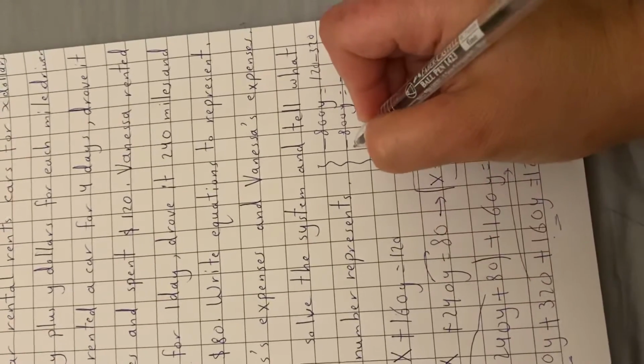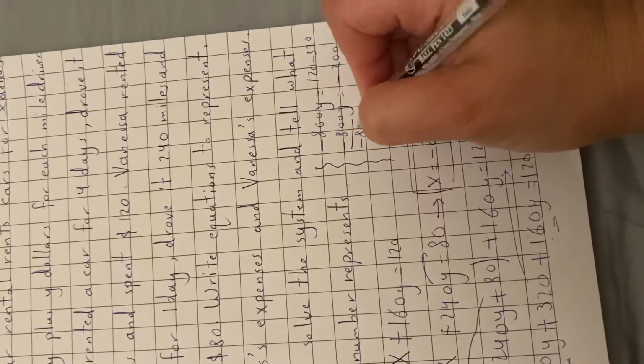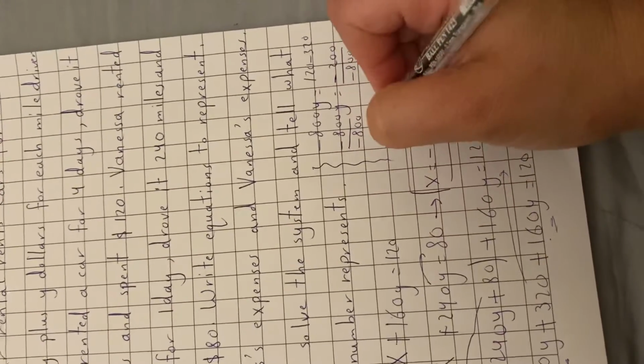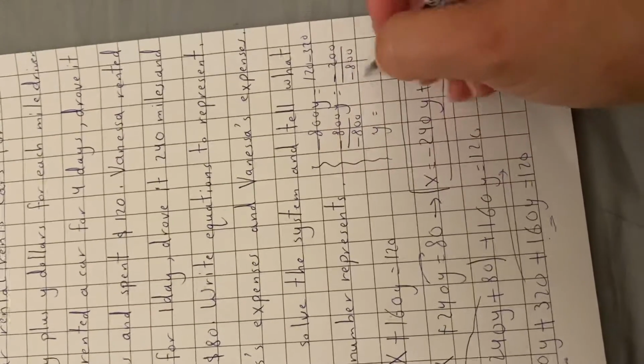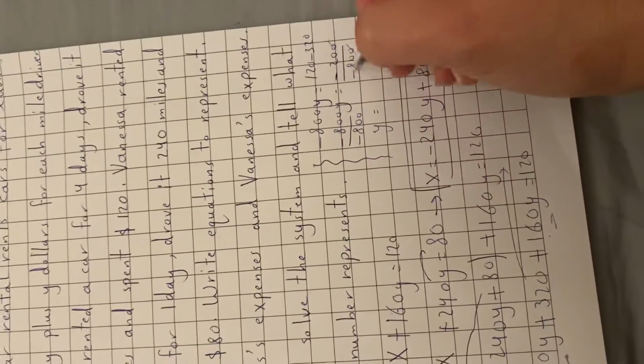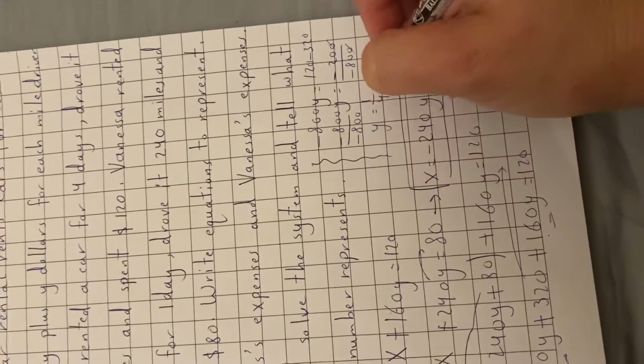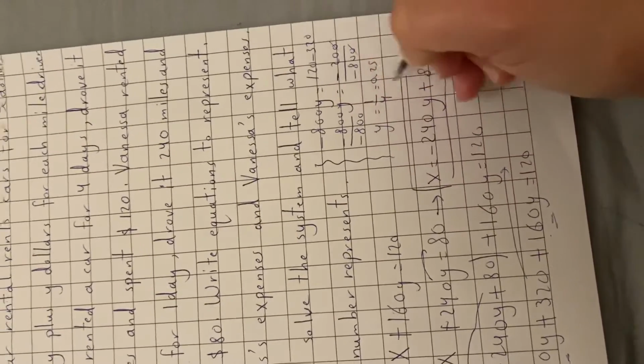Now I have to divide both sides by negative 800. So y equal, this will become positive, the zeros will go, which will give me 2 over 8. I will simplify, it will become 1 over 4, which is 0.25.